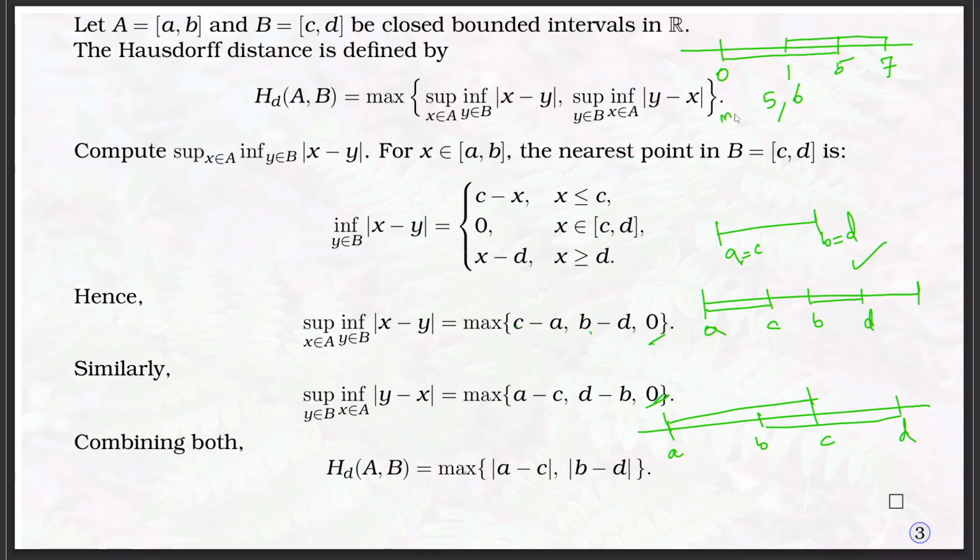We need to take the maximum among these two numbers. Therefore, the Hausdorff distance between the interval 0 comma 1 and the closed interval 5 comma 7 is equal to 6. Taking lower bound to lower bound and upper bound to upper bound, we get 6.